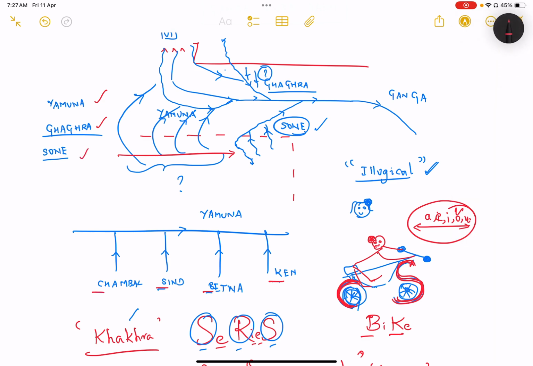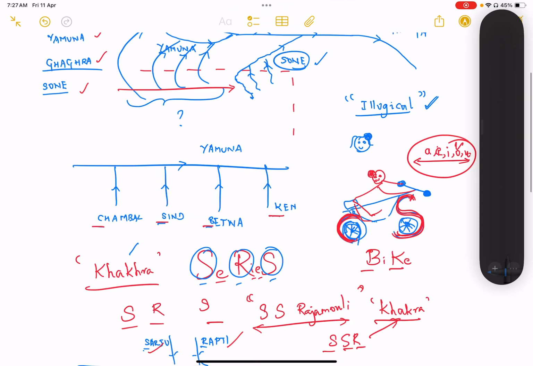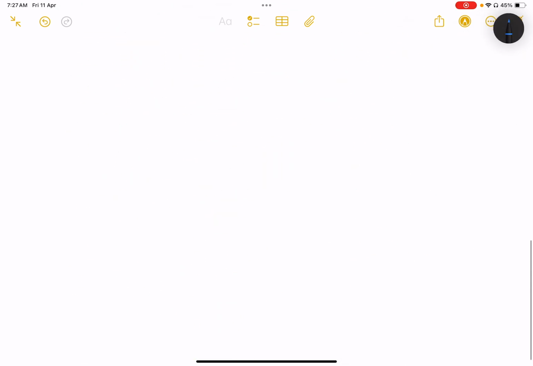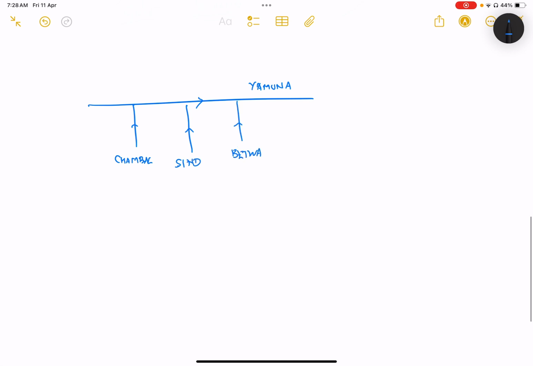Now let's go for a quick review, without the help of these cartoons. Here we go. We had river Yamuna, and Yamuna had four major tributaries, and for that we thought about a CS bike. C for Chambal, next S for Sindh, then B for Betwa, and then K for Ken.